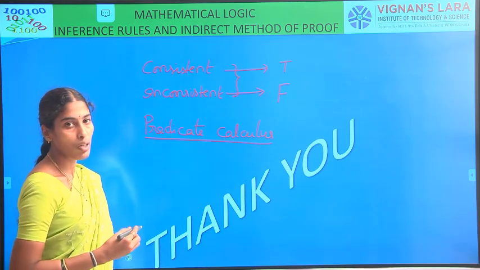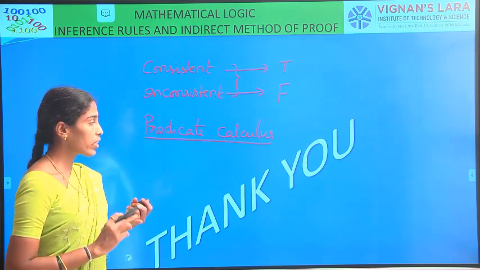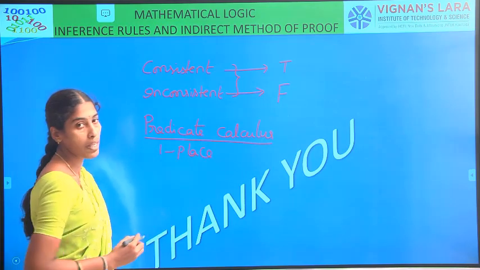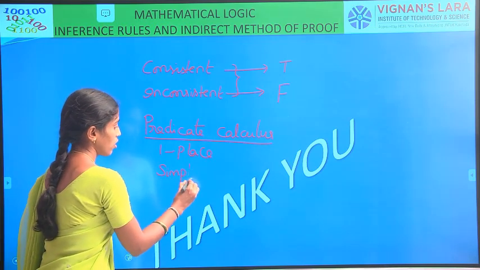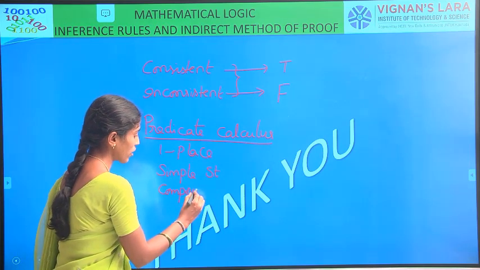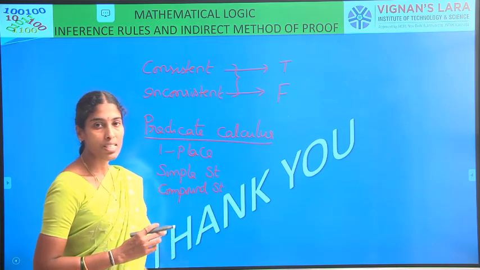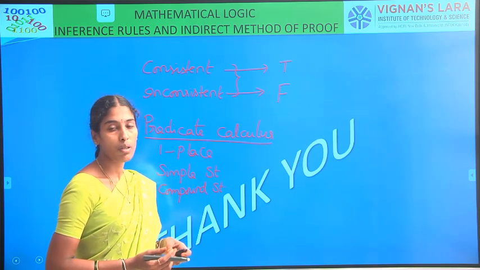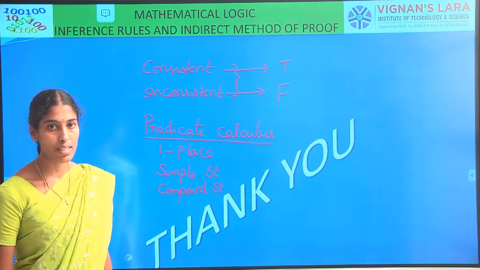In predicate calculus, how can we denote the given sentence using the predicates? And then we discussed one place predicate, next two place predicate, similarly three place predicate, and then we discussed the simple statement function, then the compound statement function. And then we also discussed a problem: what is the truth value of the given propositions Q of 2 comma 0 and Q of 3 comma 0. In the next class, we will see the problems on predicates. Right? Thank you.